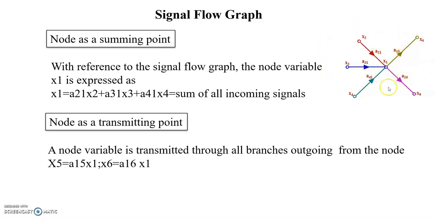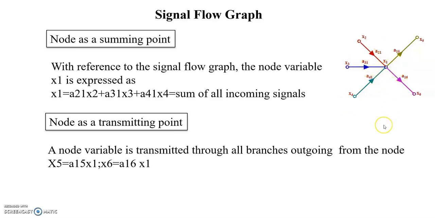These three signals are incoming and these two signals are outgoing. So the expression for x1 is A21 into x2, A31 into x3, A41 into x4. You add all the incoming signals, and that is your x1.